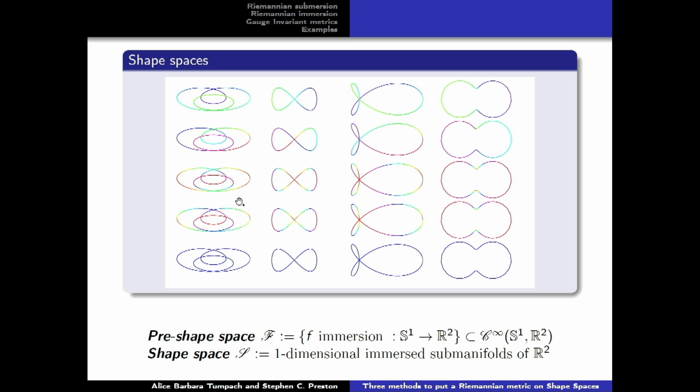So this corresponds to different colors on the same curve. The shape space will be the unparameterized curve in this case. So in blue, for instance, you have an arc length parameterization, and other colors represent different parameterizations.